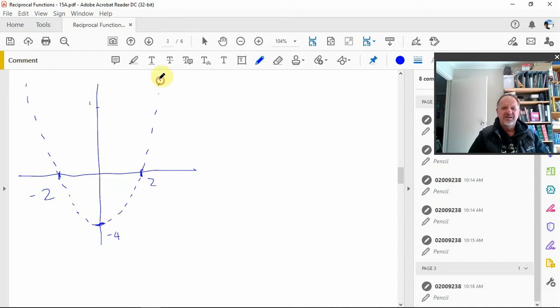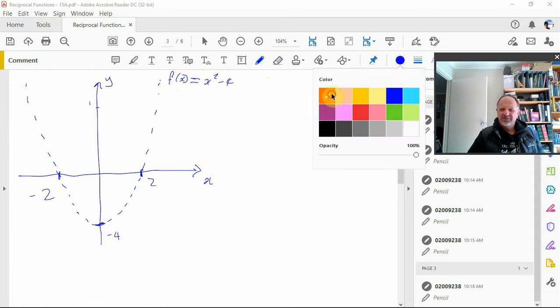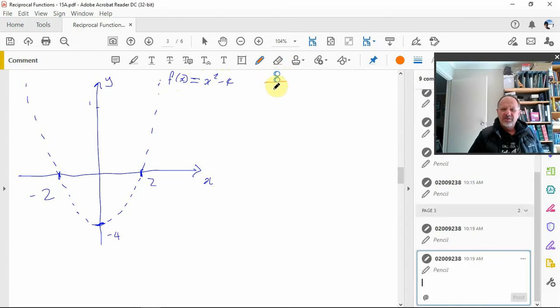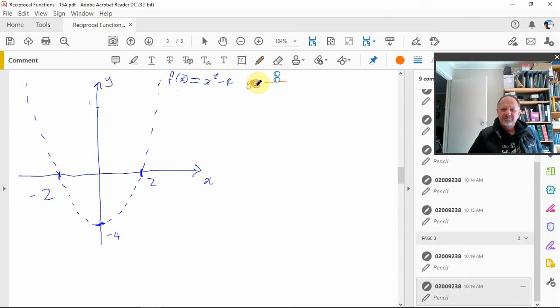All right, so that's our original, f(x) equals x squared minus 4. All right, so the next thing that we're now going to draw is 1 on f(x), which is 1 on x squared take 4.